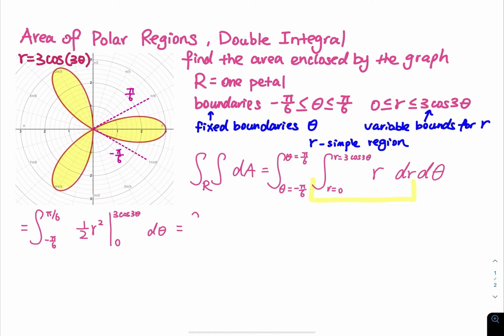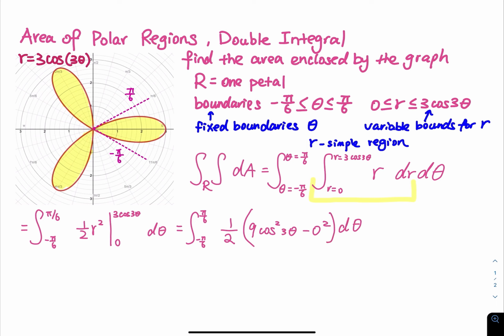So we have the integral from negative pi over 6 to positive pi over 6, r squared. Should I take the 1/2 out? I believe I should. Okay, I should just leave the 1/2 right here. So that will be 9 times cosine squared of 3 theta d theta, minus 0 squared.